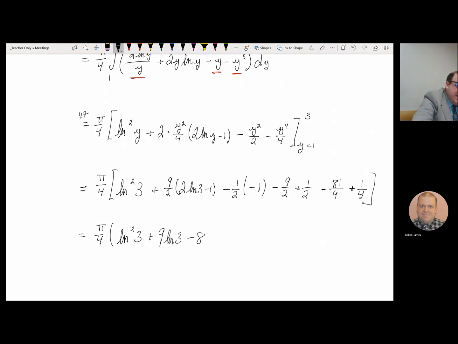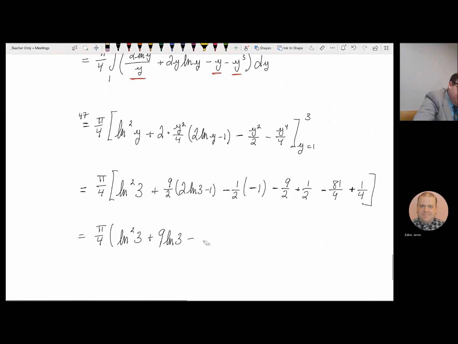Minus 8, and then that is minus 20. Right, negative 81 over 4 plus a quarter. And minus 28. There's the surface area.